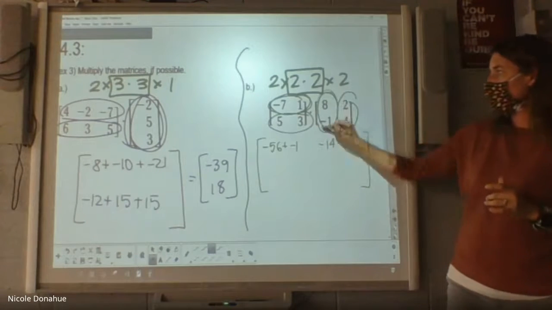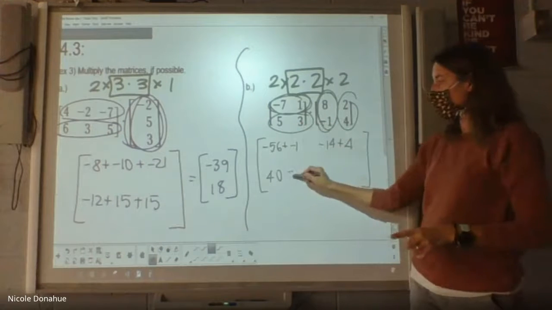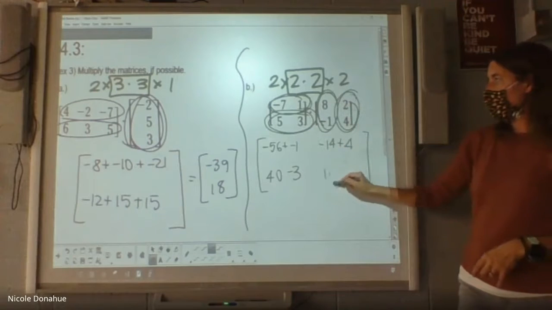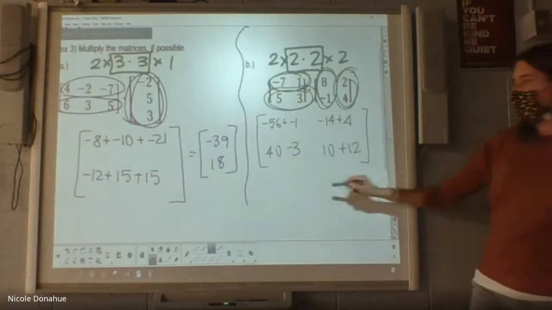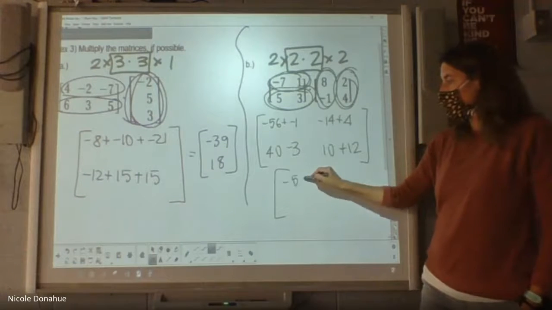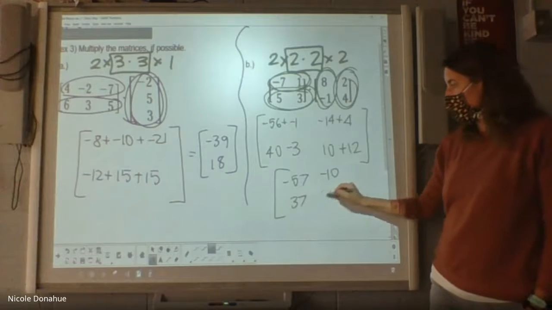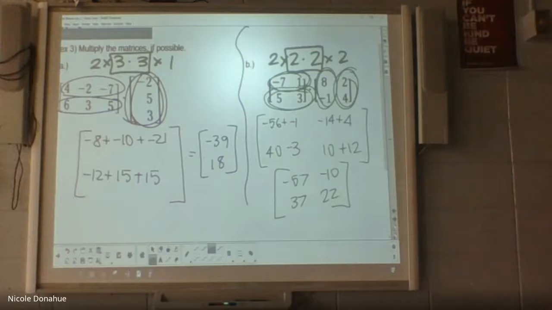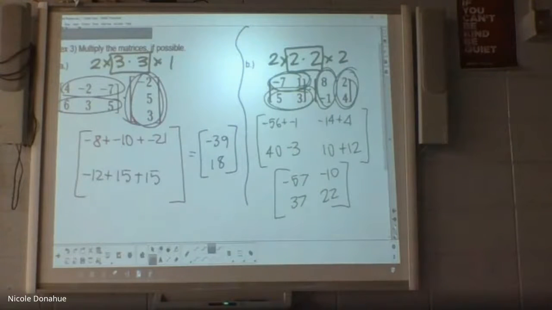Next row by column, 40 and -3. And then finally, 10 and 12. And then I just have to add all those together. So that, I think, should be it. Did anyone else get something different? Is that what you guys got? Yeah. Okay.